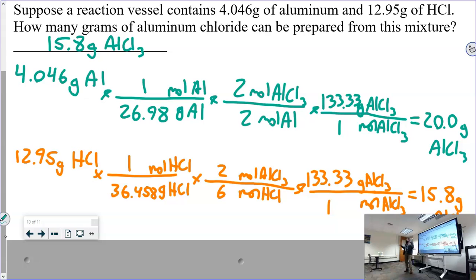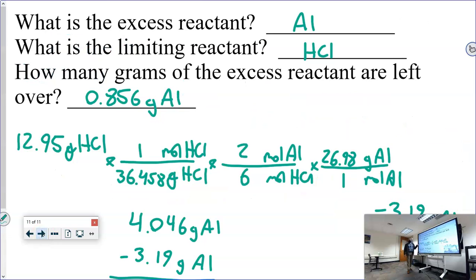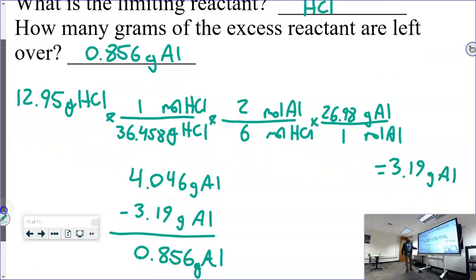That's okay. The reason why it's not preferred is because this has already been run. And if I start another factor label problem with that number, then I'm just going to end up rounding it twice by the time I find the answer. So in an ideal world, I start my excess reactant problem with my limiting reactant just like this. So when I find my answer, that's only been rounded once, and I'm not doing two successive rounding situations.